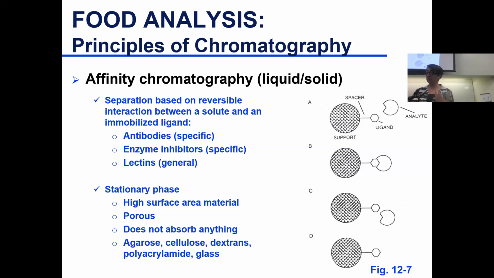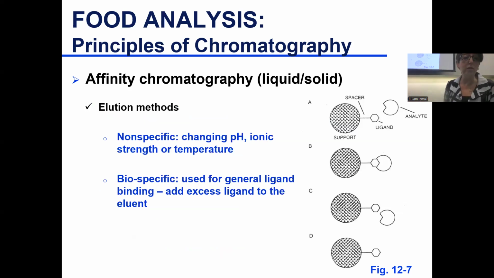It's very, very specific to a particular analyte. Your support can be made up of agarose, cellulose, dextran, polyacrylamide, glass. It has no function other than having a spacer and a ligand attached to it.